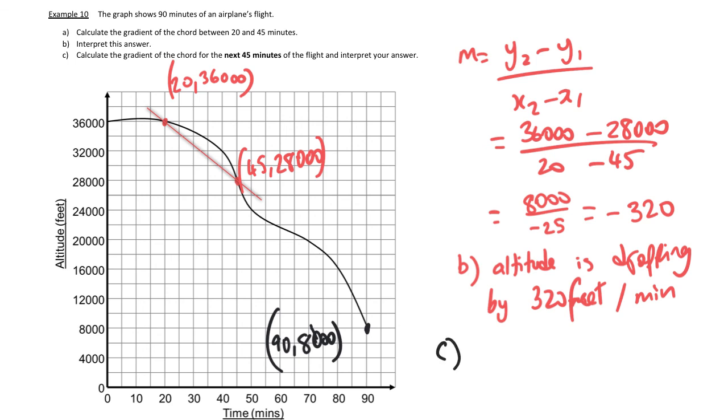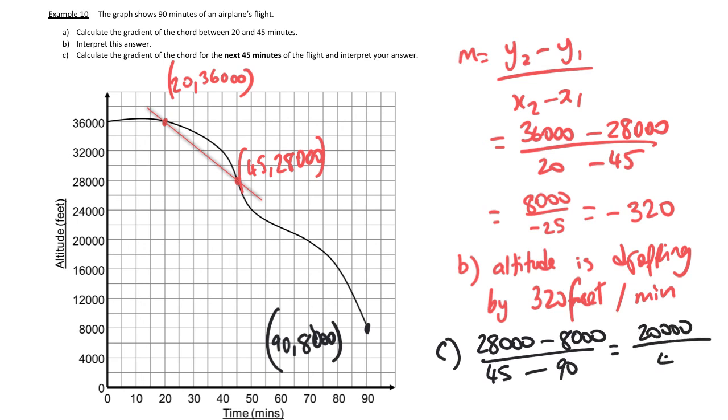So if we were to work out the gradient using the formula above, it's going to be 28,000 minus 8,000 over 45 minus 90, which is 20,000 over minus 45, which works out to be minus 444.4 feet per minute. So the gradient is minus 444.4, which means it's still dropping, and it's dropping quicker. So there's a more rapid decrease of height.